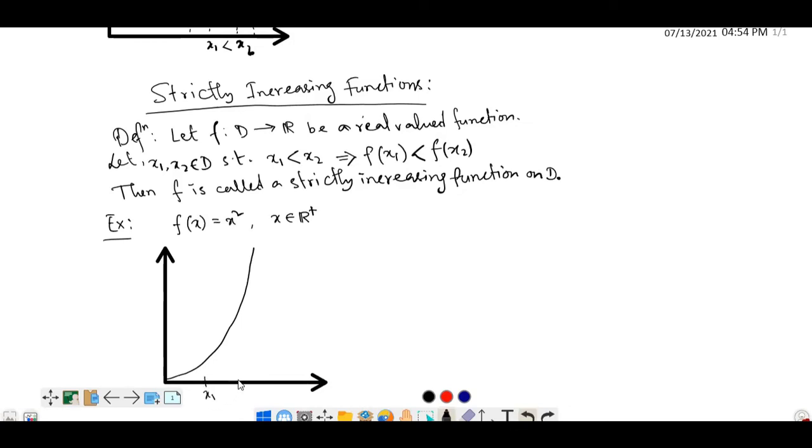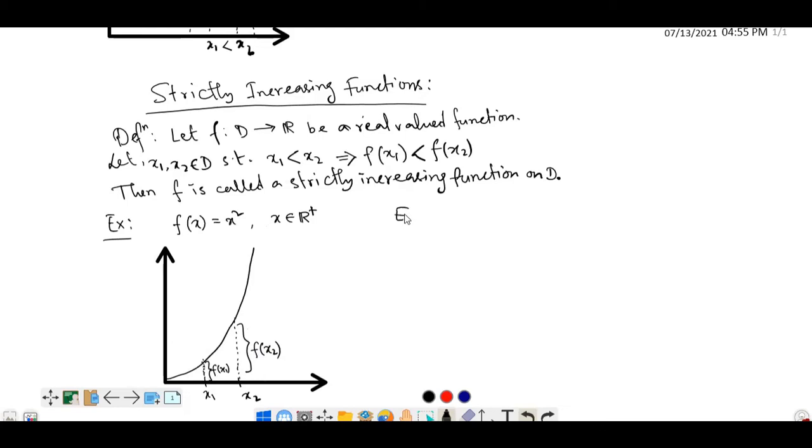Say here it is x1 and here it is x2. So in no way for any 2 points can f of x1 and f of x2 be the same. If this is f of x1, this is f of x2, then they must be different. F of x2 must be larger than f of x1 if x2 is larger than x1. Okay, so it's an example of a strictly increasing function.